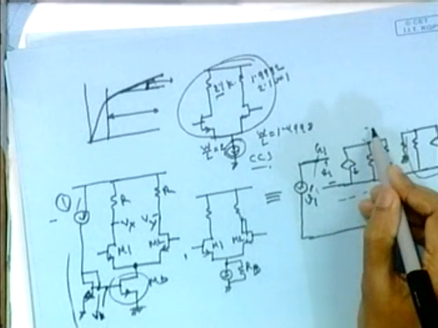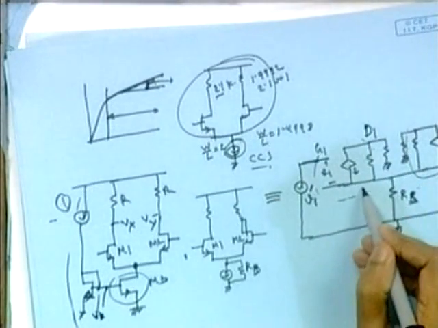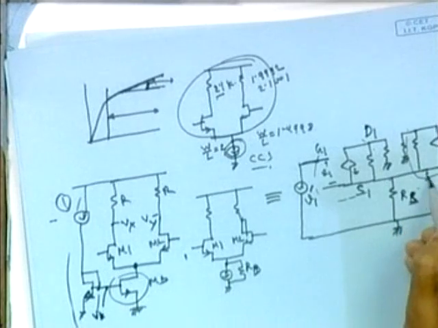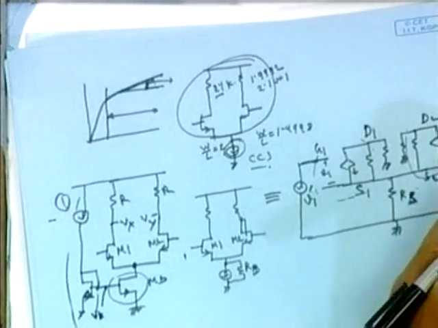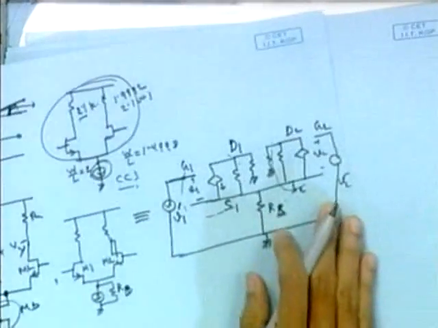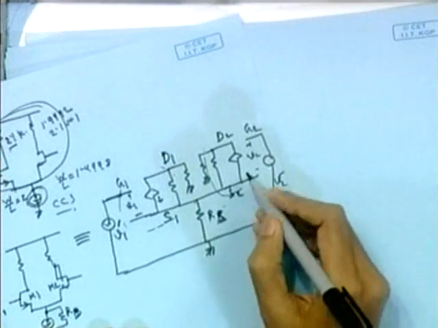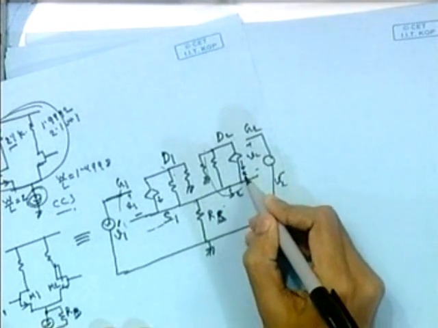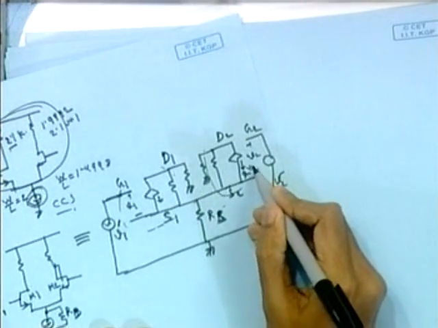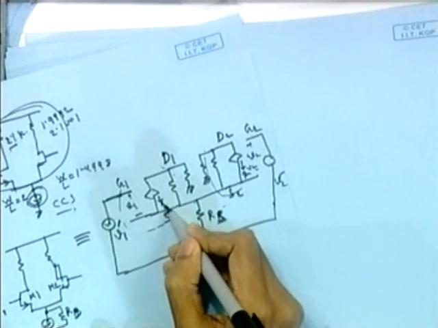V1, D1, S1, S2, I mean source 2, gate 2, drain 2. This is GMV2, GMV1.